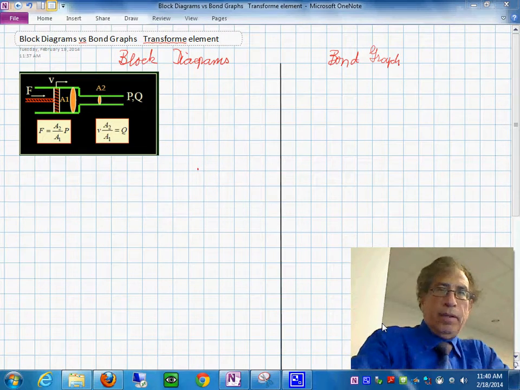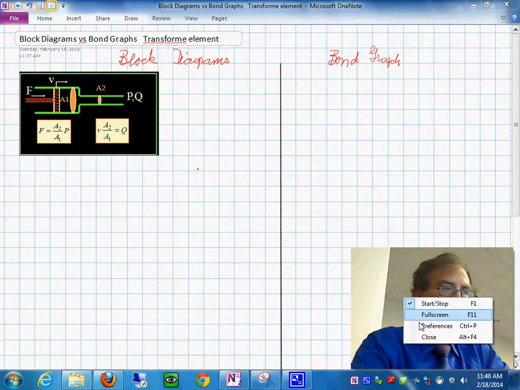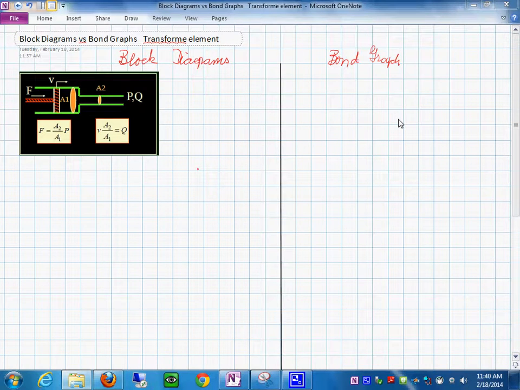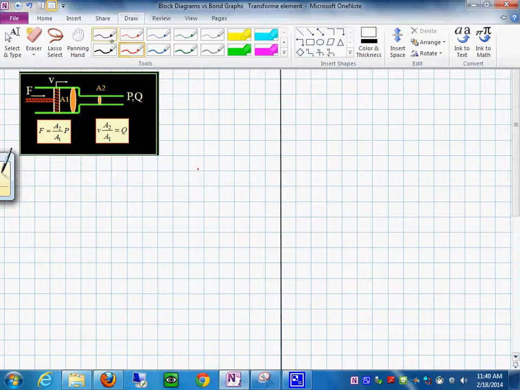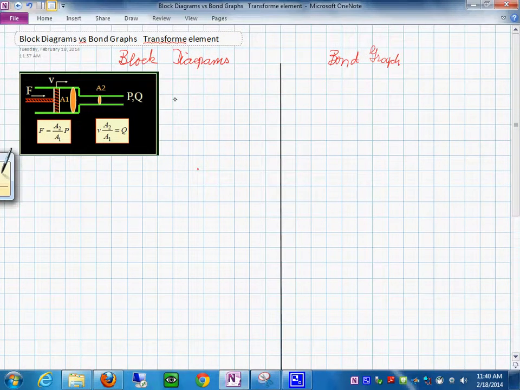So let's look in more detail. How do we have the equations of this? How do we define this?